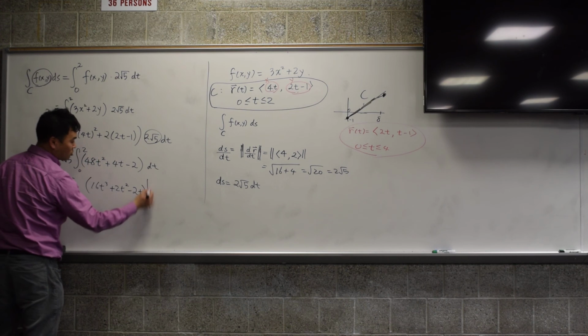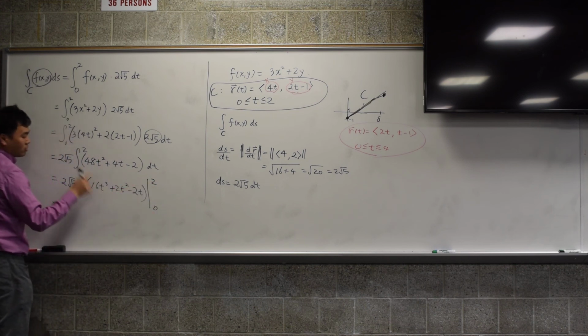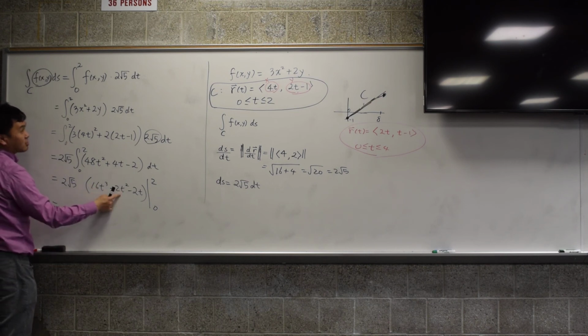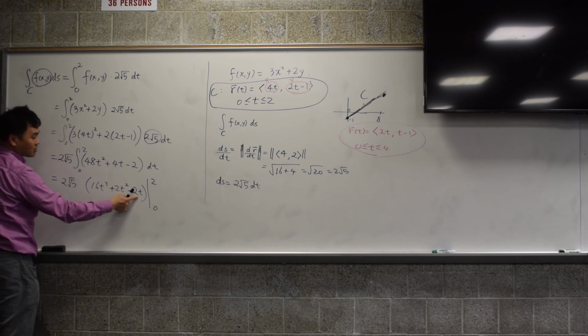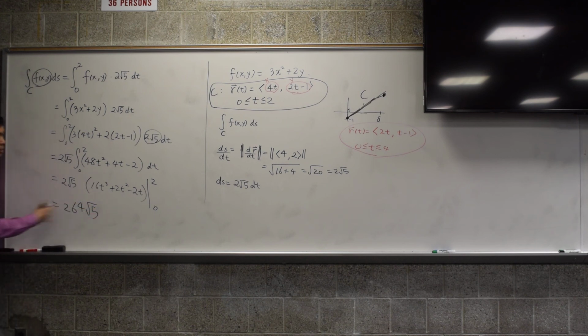And I have to plug in 2 and 0. If I plug in 2, that's 128 plus 8, that's 136, minus 2 times 2, so it's 132 times 2, which gives 264 radical 5. So that's what you get.